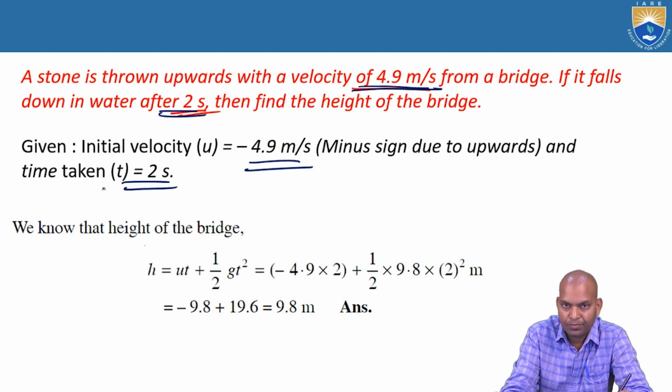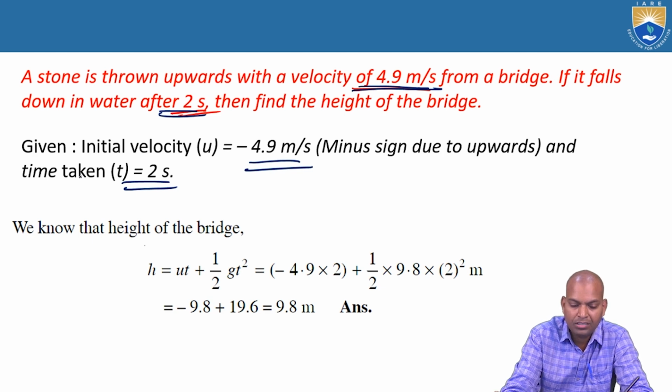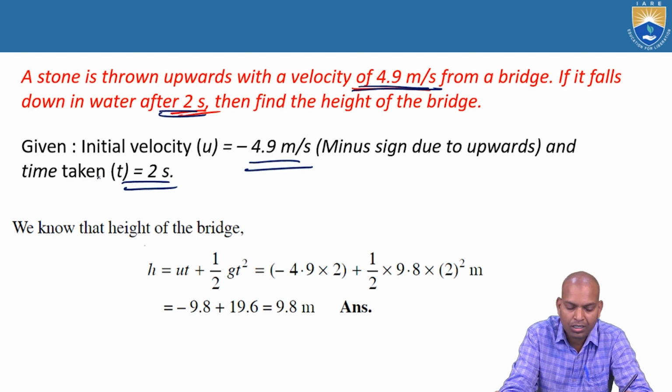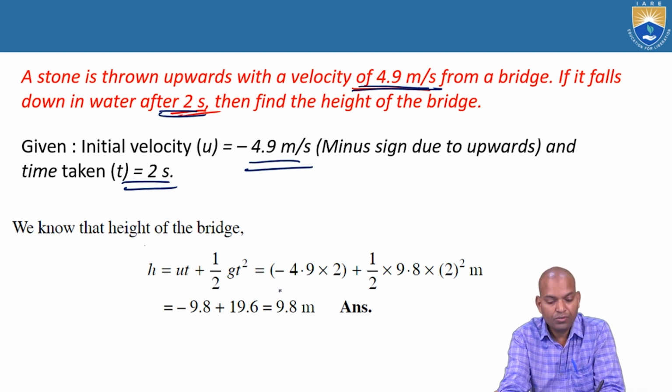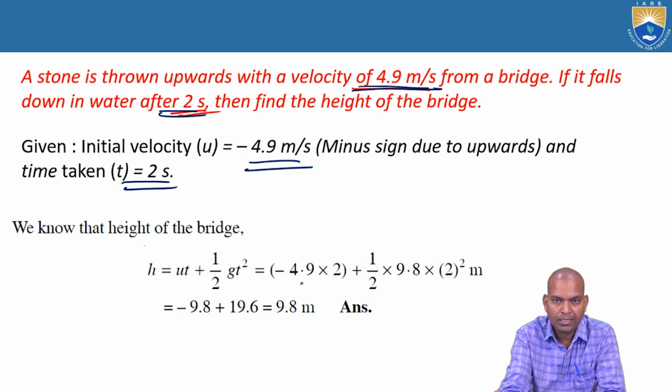The height of the bridge is the distance traveled by the body. So the height of the bridge, h equal to s equal to ut plus half gt square. Substituting the values, u equal to negative 4.9, t is 2 seconds, so minus 4.9 times 2 plus half times g equal to 9.8 times t equal to 2 square.